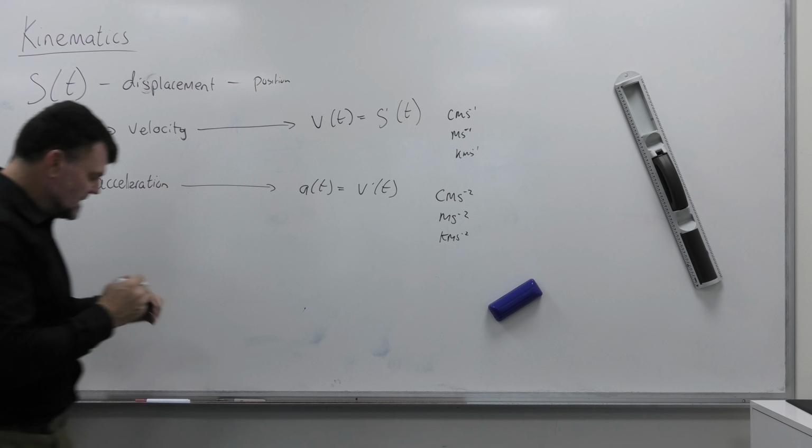And we write it up in terms of what it looks like. If p was greater than 0 for s of t, we'd say it's to the right of the origin. If it was positive or negative, we talk about if it's increasing or decreasing, moving to the left or moving to the right by that many centimeters. And we then talk about its acceleration in terms of the signs.